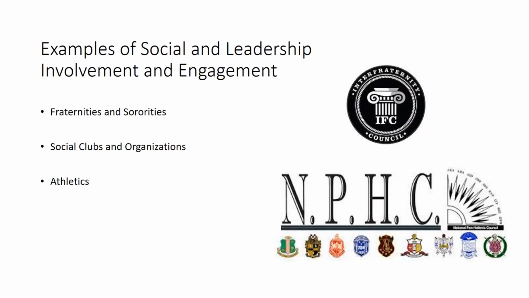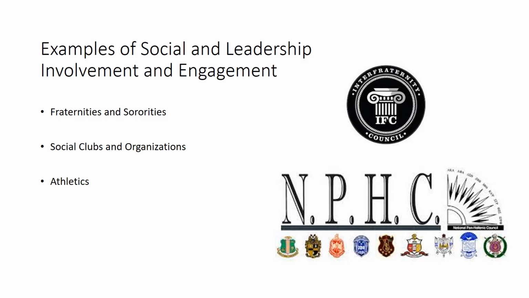There are also examples of social and leadership involvement and engagement. As you have looked through many of the theories regarding student affairs, student development, student success, etc., we've mentioned Chickering and Reisser's vectors. There's 7 vectors, which helps a student understand their identity, but also develop into autonomous individuals.